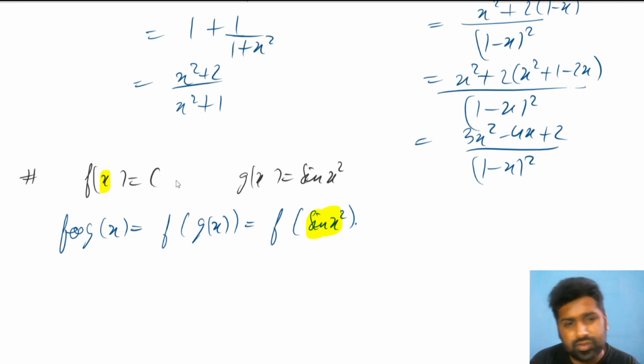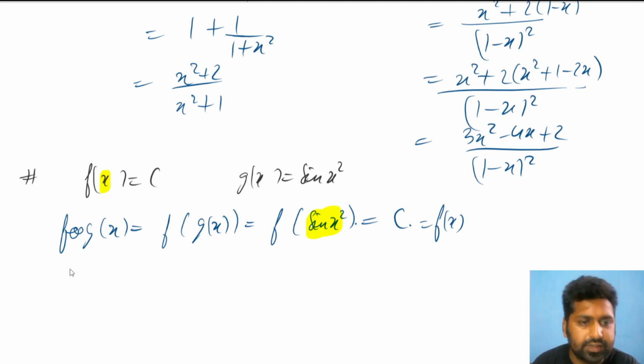Why? Because it's a constant function, meaning it is independent of whatever value you put for x. Whether you put x as 1, 2, 3, 5 or anything, even sine x square, it will remain constant. That means here it will still be c, because there is no x here to replace. We want to replace it with sine x square, but there is no x present, so it will be the same. So fog x is the same as your f(x).